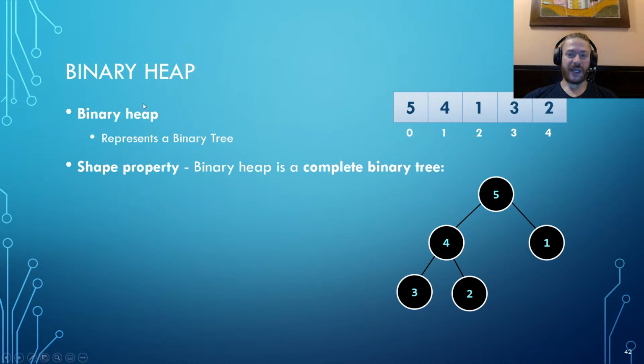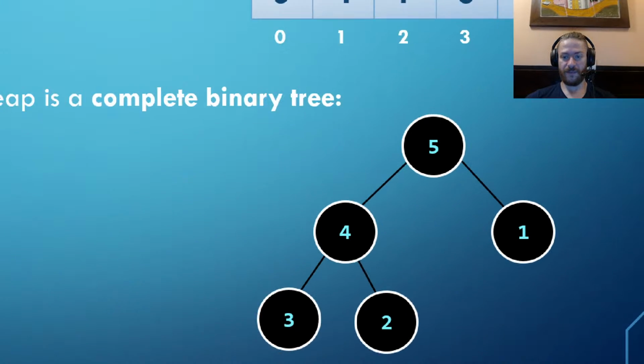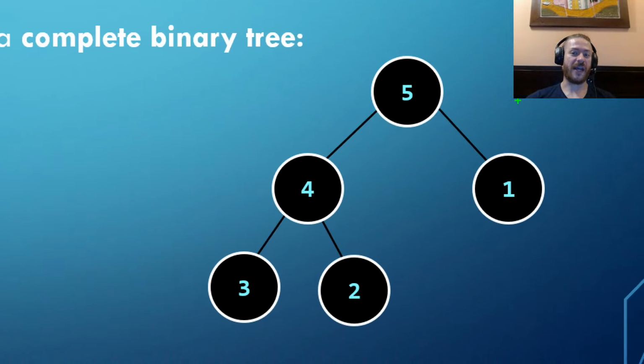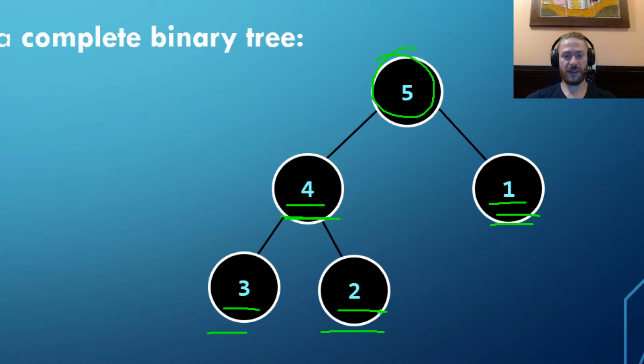So the binary heap means we have a binary tree and it follows the same principle. For example, this is a max heap, a max binary heap, because it has at most 2 children, and each parent is bigger than the children. 5 is bigger than 4 and 2, 4 is bigger than 3 and 2, and so on.